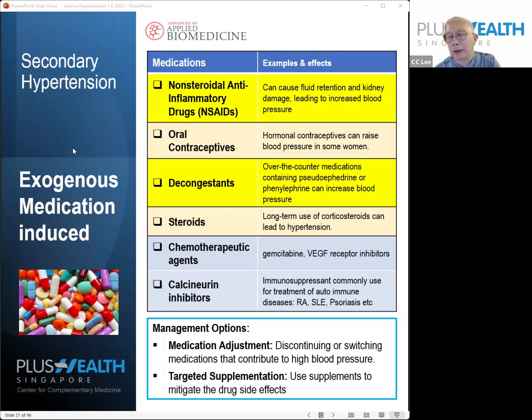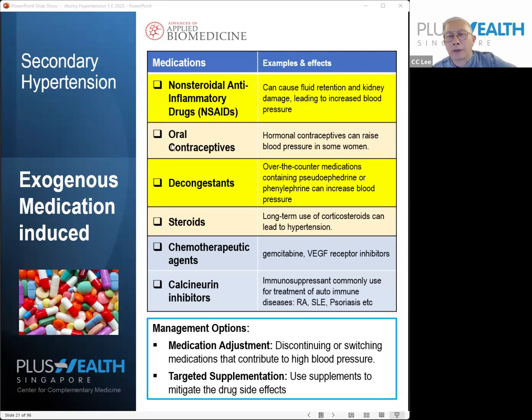Now, there are other secondary causes of hypertension, among them medication. Now, these are important because there are some of us who have hypertension and we do not know why, but there are medications that can trigger that. And I will list here the common medications that can cause hypertension. Among the medications I listed here, two are most often taken over the long term.